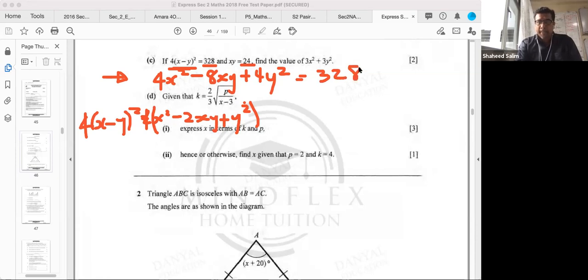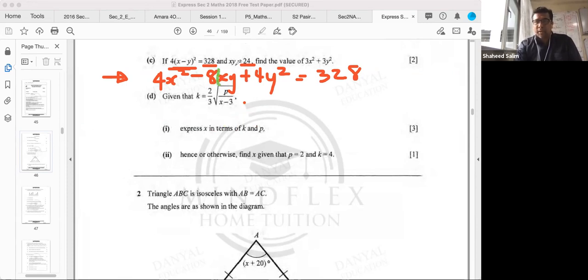Right? So watch what I do, okay? Now, what to do next? They tell us that the value of xy is 24. So I'm going to bracket this up and put 24 here. Can you see? 4x squared minus 8, and then there's 24 down here.